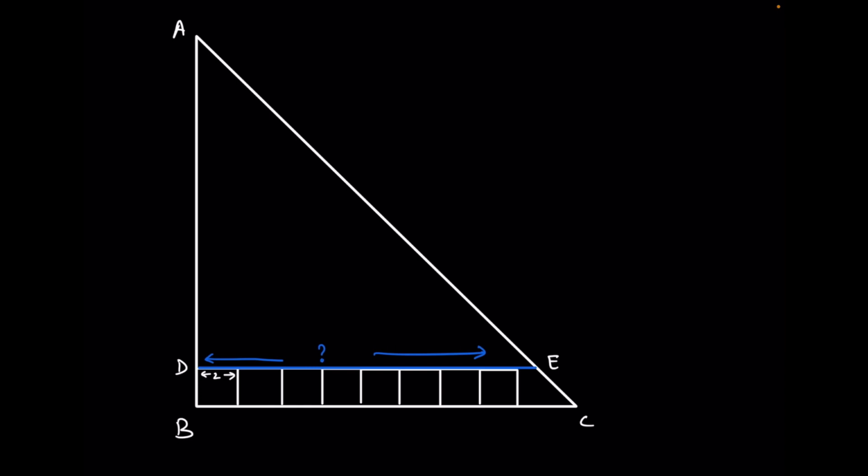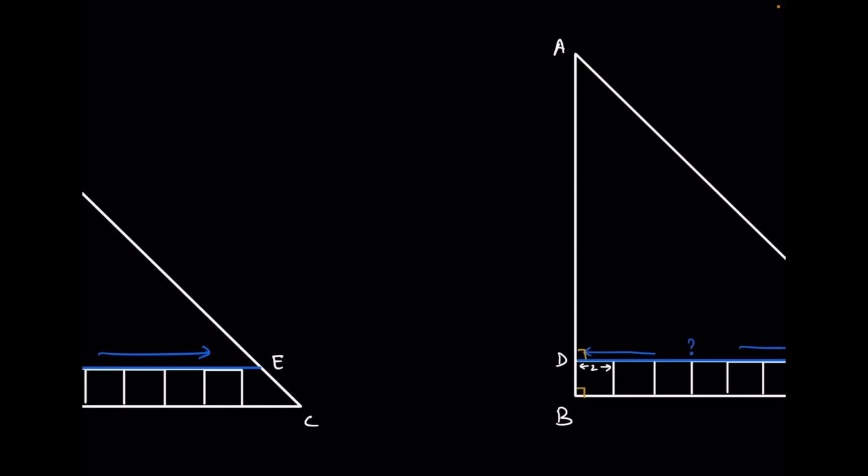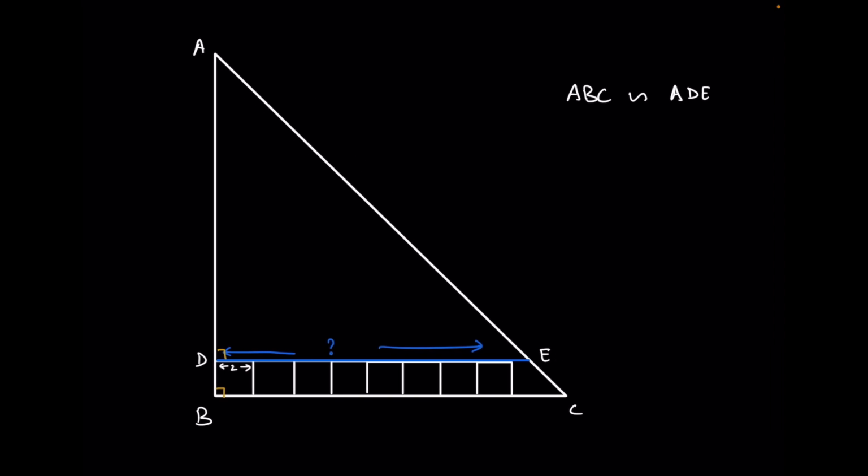To do that, an important observation is that triangle ABC is similar to triangle ADE, right? How is it similar? If you notice, angle B is a right angle, since triangle ABC is a right angle triangle.